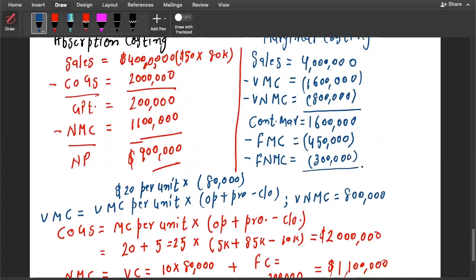So how much is your net profit using marginal costing? 850,000. That's your profit under marginal costing.